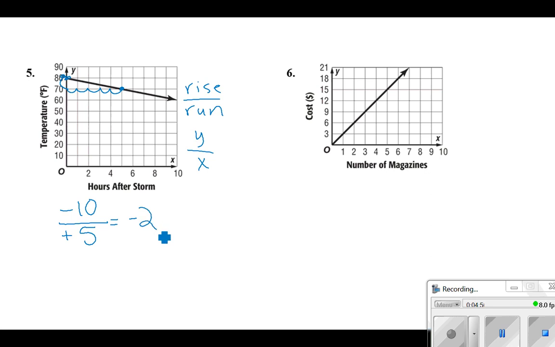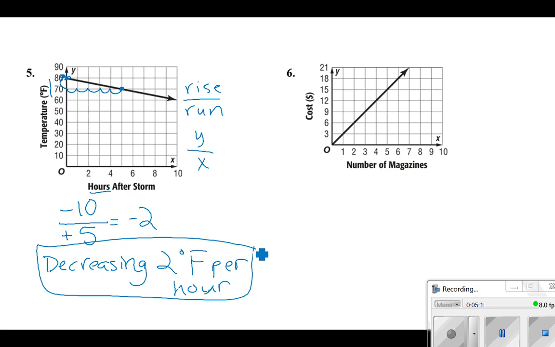To interpret it, we have Fahrenheit in hours. So it's decreasing because it's negative 2 degrees Fahrenheit per hour. Number 6, we're going to do the same thing. Find a point and find a point.